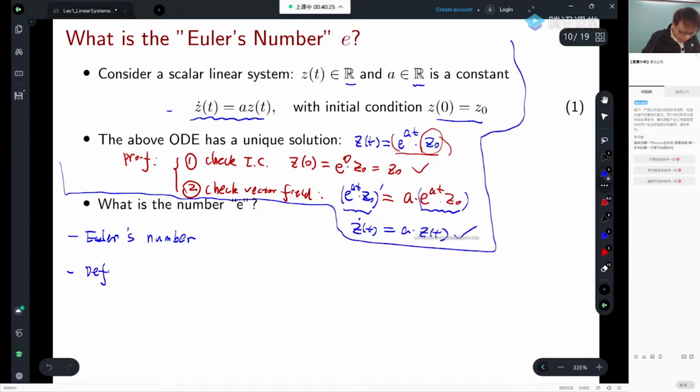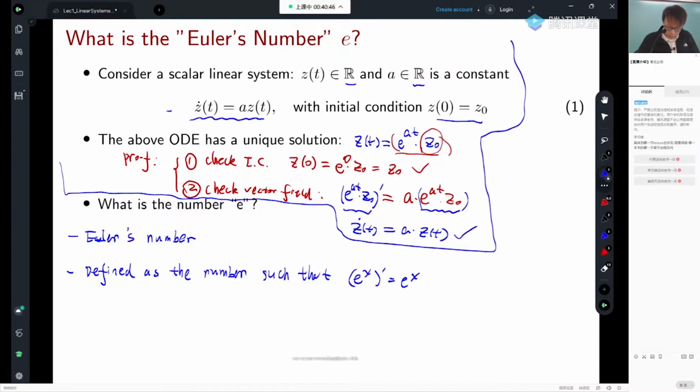But one of the most fundamental ways defines it as the number such that the derivative of E to the X equals E to the X. Okay, you can check, right?